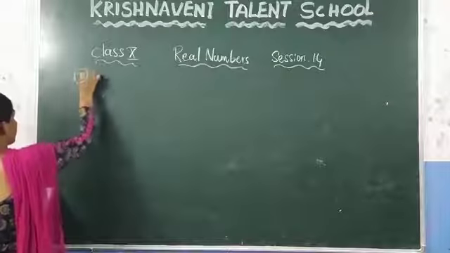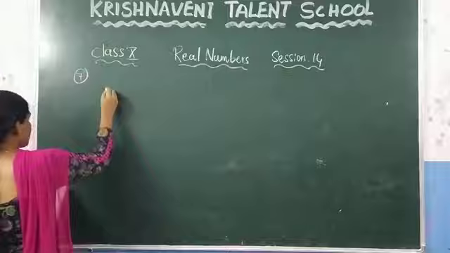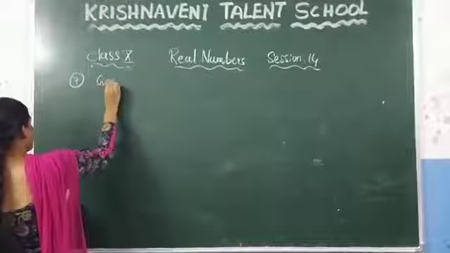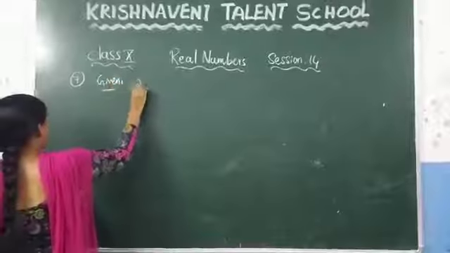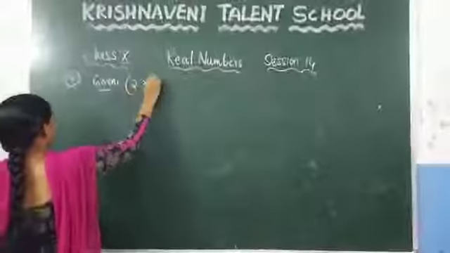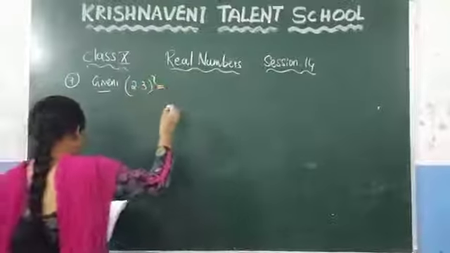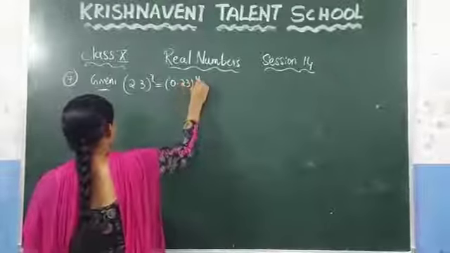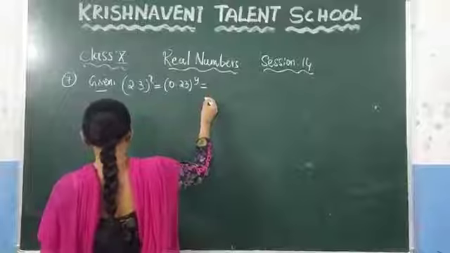Seventh question. Here, what is the condition given here? 2.3 whole power x is equal to 0.23 whole power y is equal to 1000.